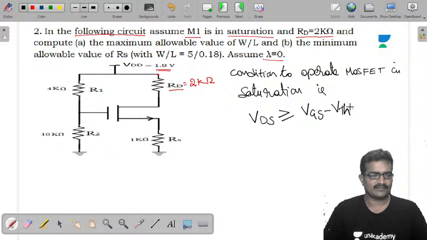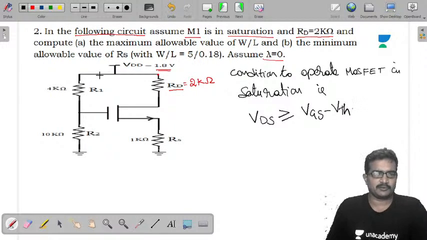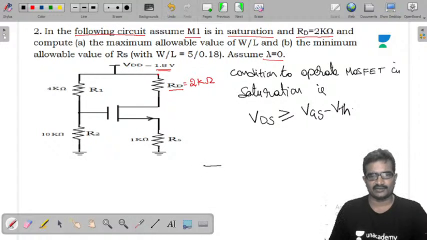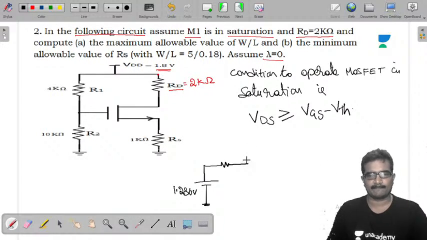In this problem, did you observe that the previous problem and this problem are both the same? So by simplifying this, I get the equivalent circuit. The same value, 1.286 volts, I got here.